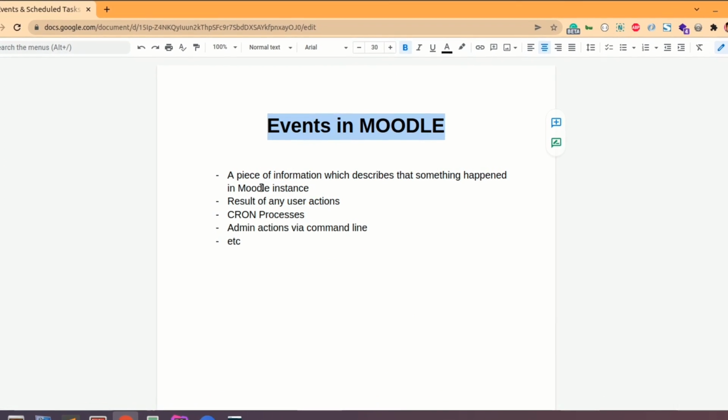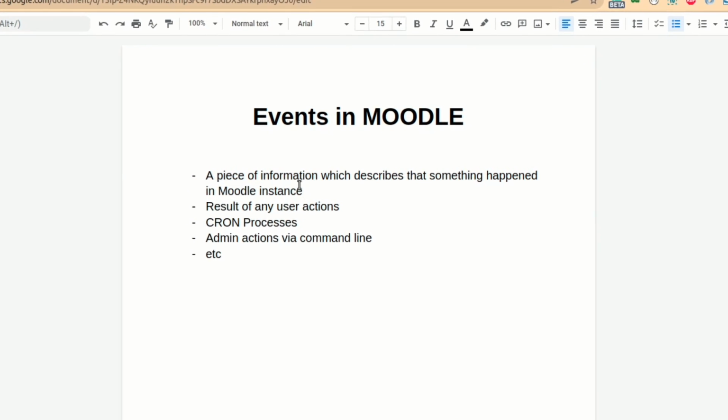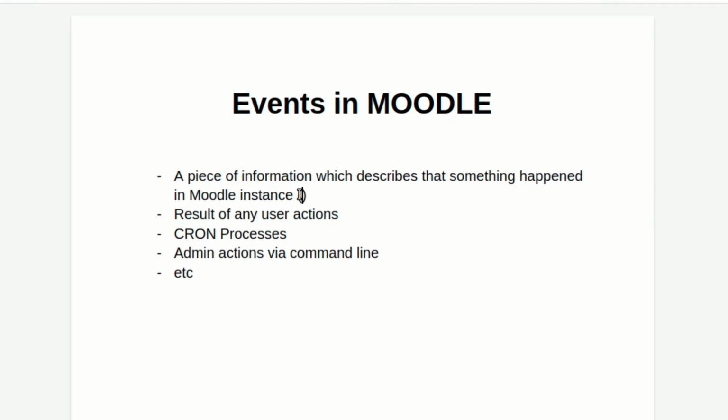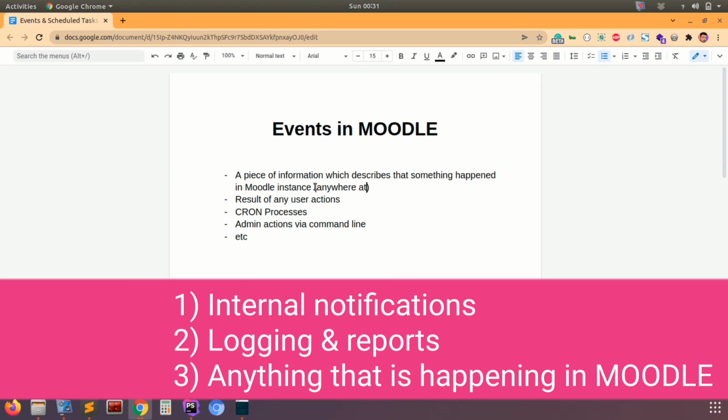If you can look at my screen right now, I have summarized the events in a short manner. Basically this is the information that tells you that something has happened in a Moodle instance. You can also say that events are internal notifications telling us that something has happened inside the Moodle instance.